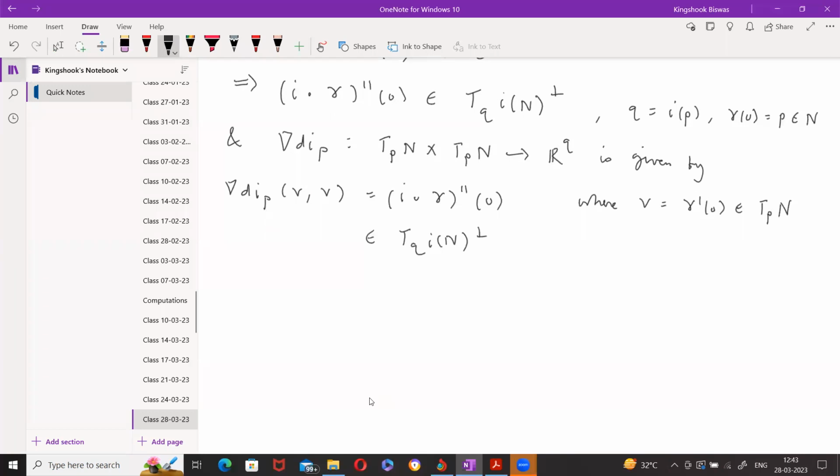But now notice, if Q belongs to I of n and W belongs to the orthogonal complement of the tangent space, then pi of Q plus TW is just Q for all T small.